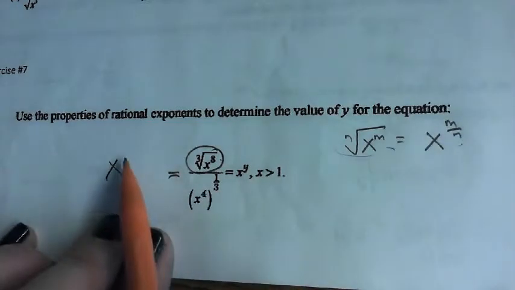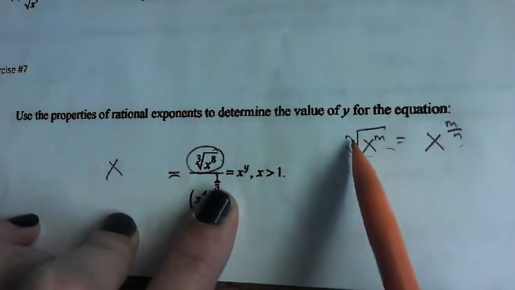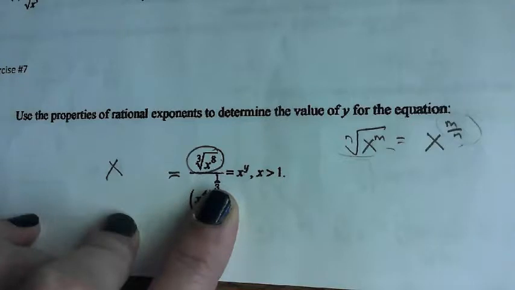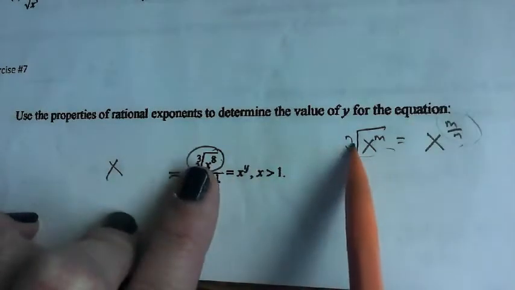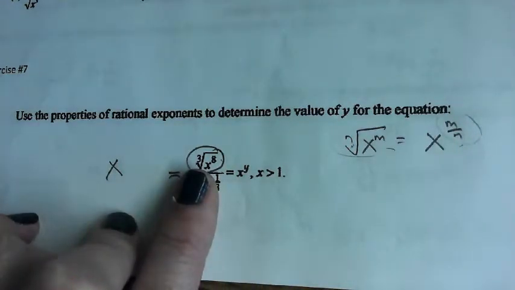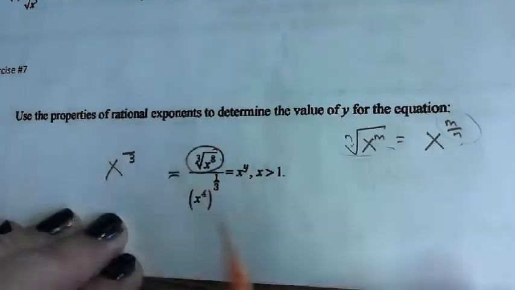So x to what power? Okay, so your n that was here, where did it go in your fraction? In the top or the bottom? The bottom. So take that 3, and we're going to put that in the bottom.